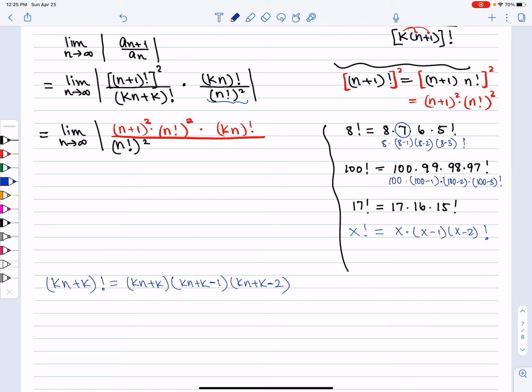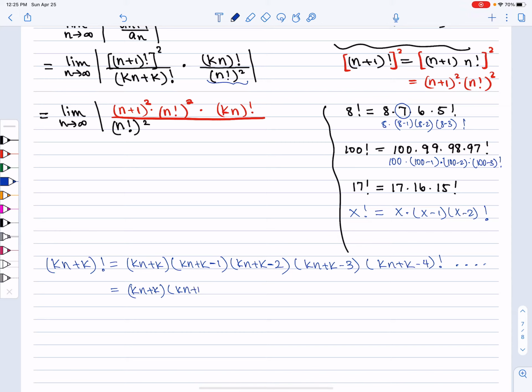Times kn plus k minus 4 factorial. And you can go back as far as you want. You can go all the way back to, I'm going to write a few of them, kn plus k minus 1, and then minus 2, minus 3, minus 4, all the way to, let's say, kn plus k minus k factorial.